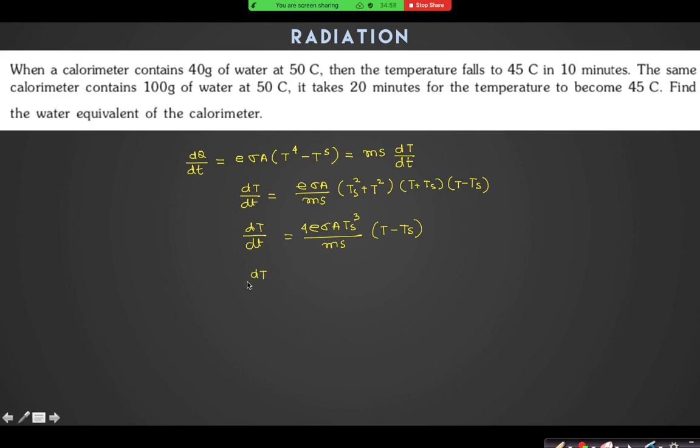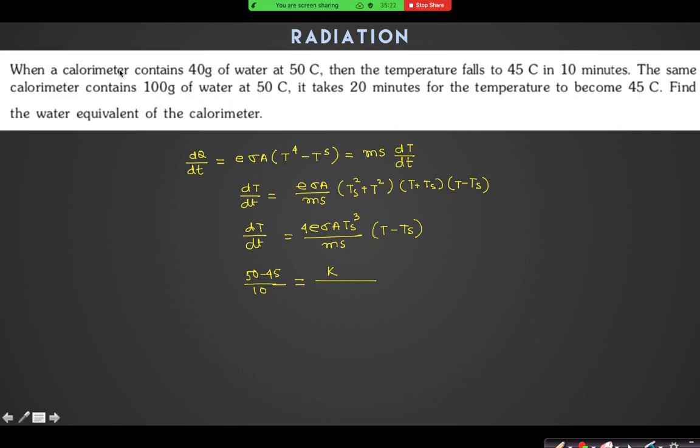So dT by dt, for the first case, is 50 minus 45 divided by 10. Even if it is in minutes, no problem, I have to just divide it. So that is equal to some constant divided by m into s.